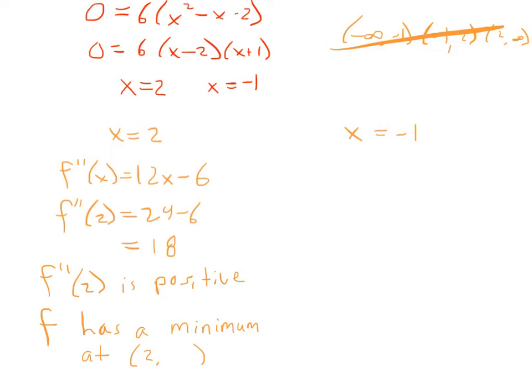If we plug 2 into that original function, we're going to end up with 16 minus 12 minus 24 plus 18. I didn't think to work this out in advance, sorry about that. 36 minus 36, that's interesting, 2 comma 0.